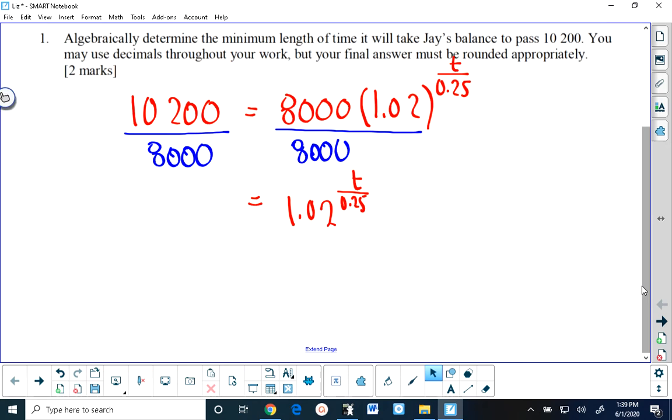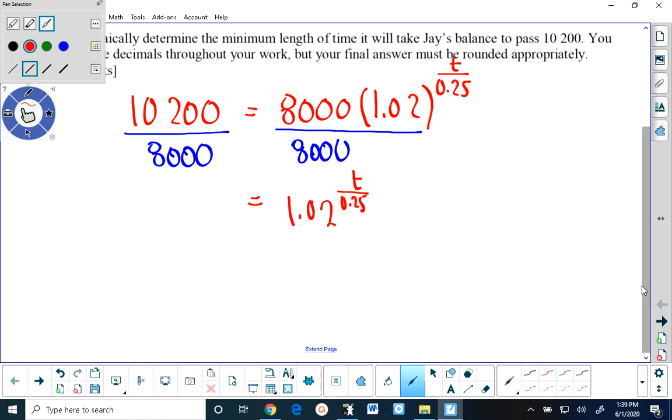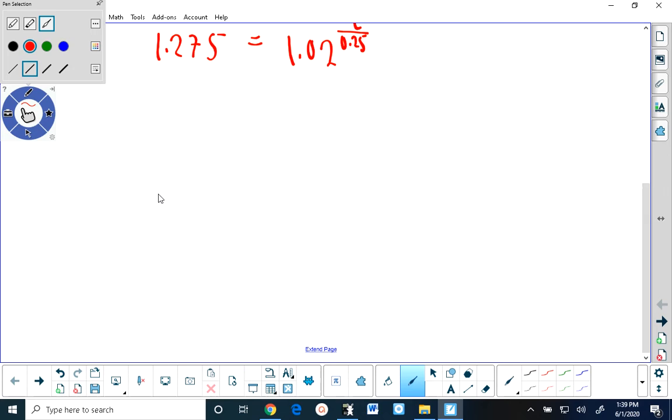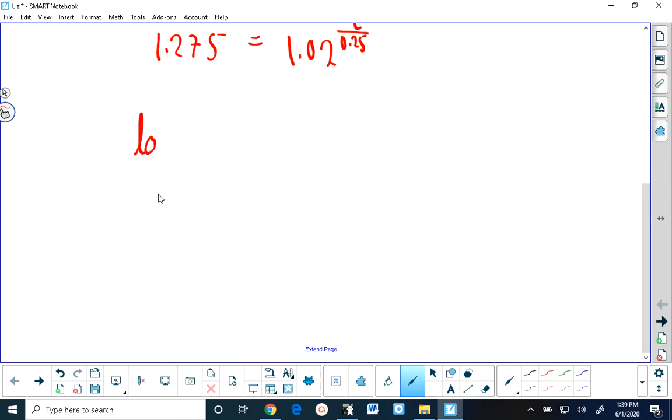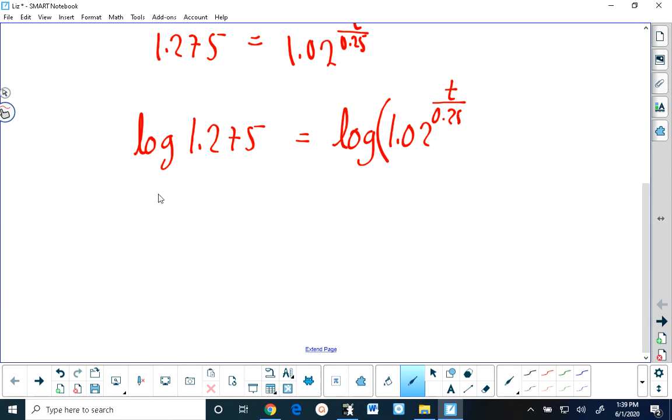So now we have the following equation. 1.275 is equal to 1.02 raised to the t over 0.25, and now we can take the log of both sides. We would have the log of 1.275 equals the log of 1.02 raised to the t over 0.25.